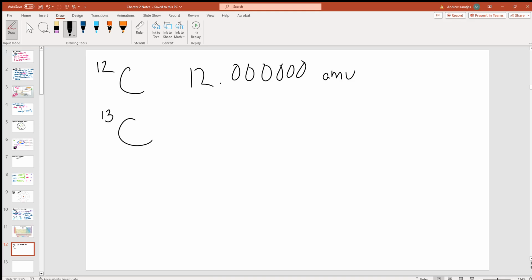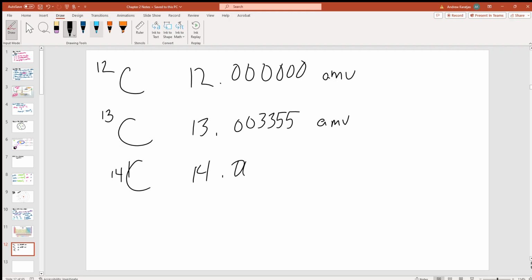Carbon-13 has a mass of slightly over 13 AMUs. And carbon-14 has a mass of a little over 14 AMUs.